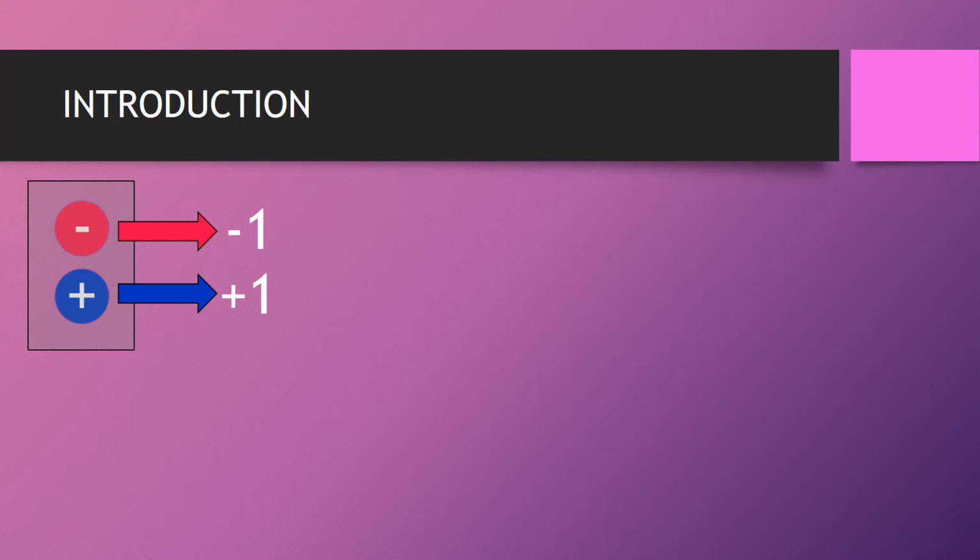When you see the blue circle with the positive sign inside, it represents positive one. If you add these two numbers, evidently the answer is 0. When you have a pair of circles, we name it a zero pair. Each pair of these circles represents 0.